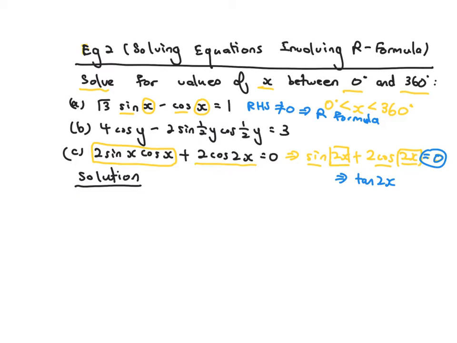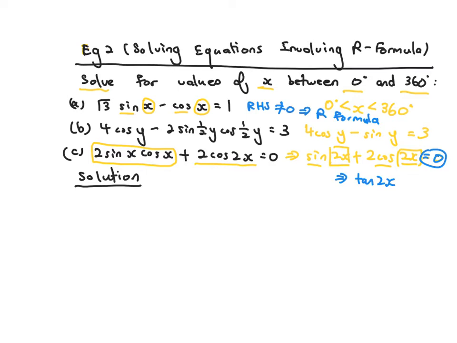So for part A, now let's talk about part B. Part B, you can see a 2 sine A cos A. So again, using the double angle formula, this is sine 2A. So let me change it to that form first. So it becomes 4 cos Y minus sine Y equals to 3.